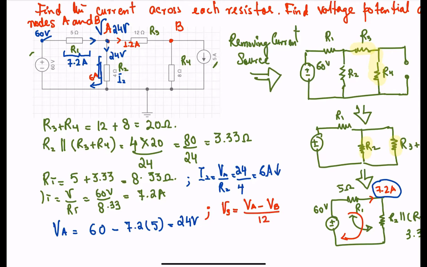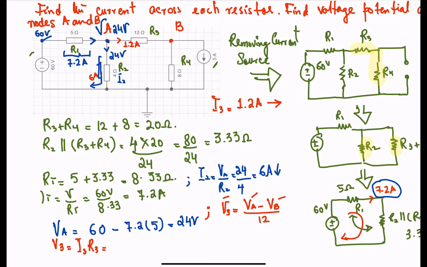VA is known, we have to find VB. V3 we can find out because now we know the current flowing through it. So V3 is going to be I3 times R3. I3 is how much? I3 came out to be 1.2 amps.